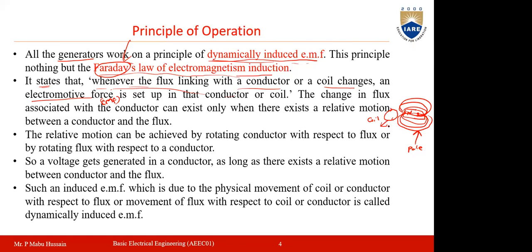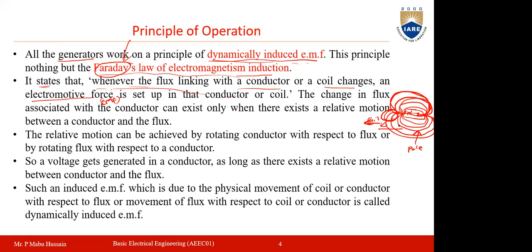So what does it mean? Whenever you move the conductor or coil, we are changing the magnetic flux linkage. Like this, you have the magnetic lines. If you move the conductor this side, the lines of magnetic flux linking with the conductor or coil will decrease.